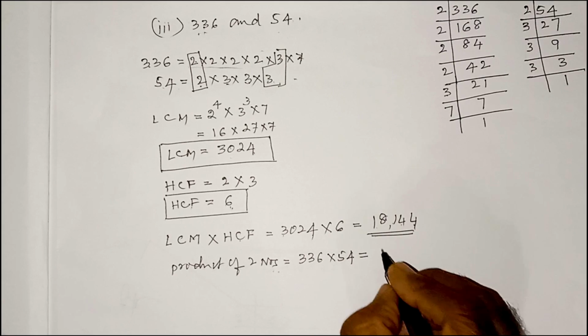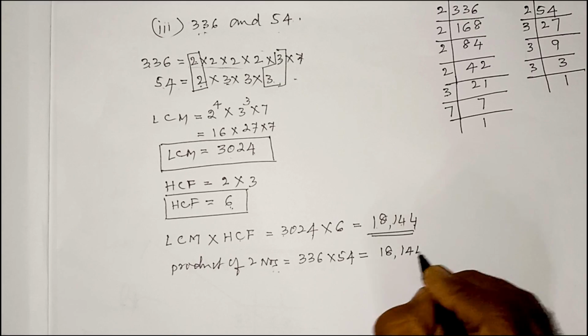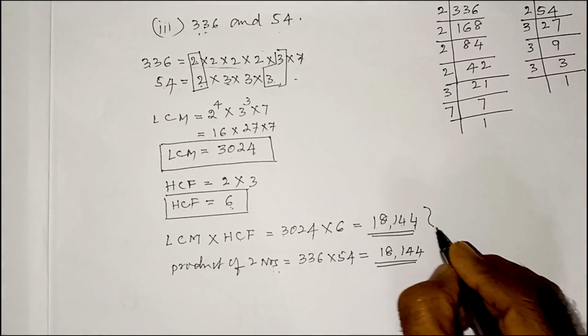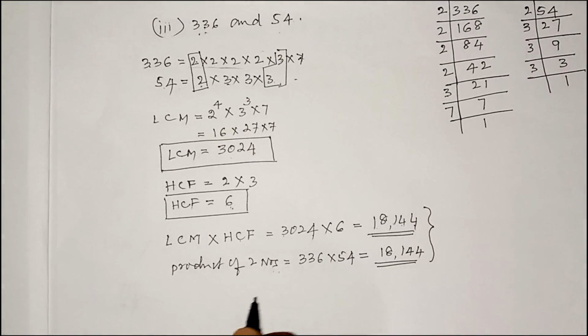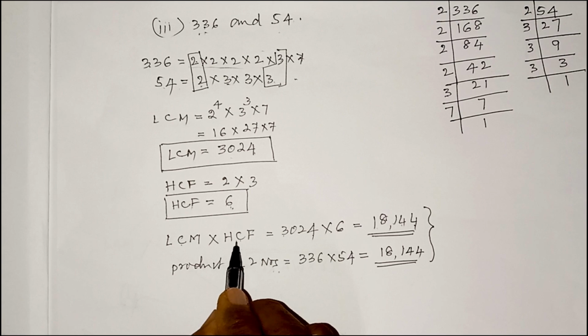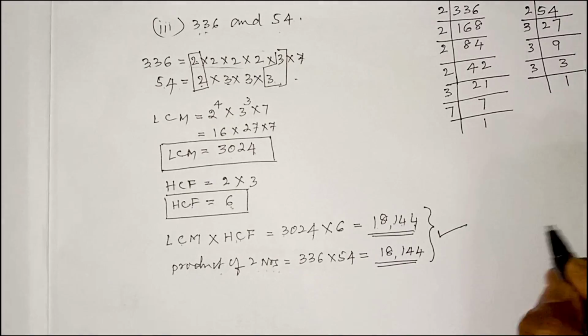If you multiply, you get the same number again, 18,144. You try that, you get this number. Therefore, the answer is the product of LCM and HCF is equal to the product of the given two numbers. So we have arrived at the answer.